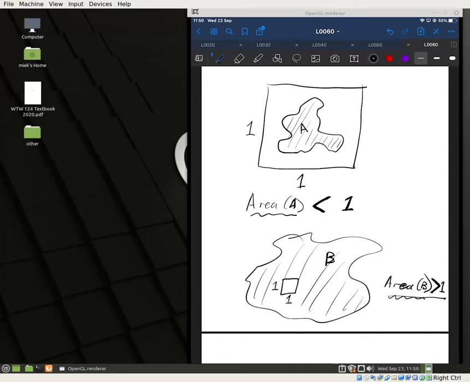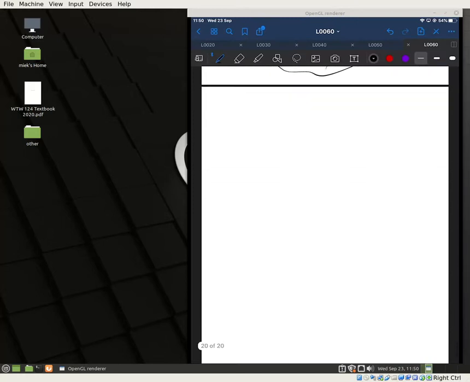Okay, so this is the principle involved. We want to compare the areas of complicated shapes with simpler ones, here unit squares. This is the idea behind the comparison test.